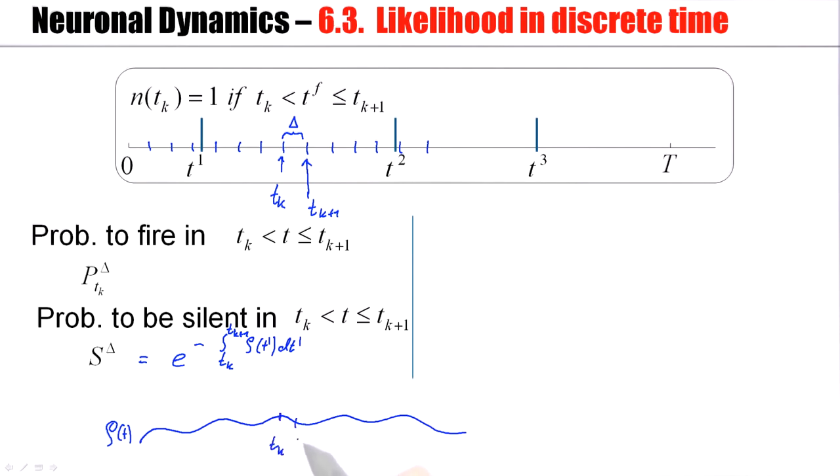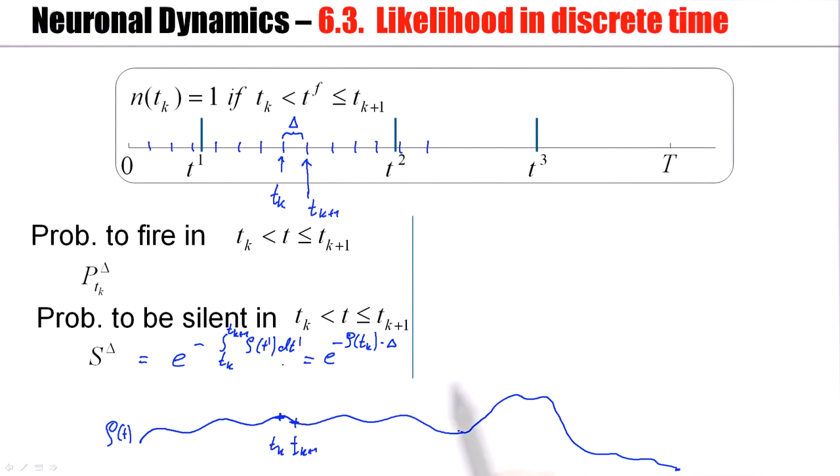This would be at tk, this would be at tk plus 1. And you see that it changes only slowly. The difference between the value here and the value here is marginal. Whereas at some other times, it might have a completely different value. So if I say that rho changes little in a small time step, then I can approximate this by the following expression. I just evaluate at time tk, and then I multiply with the duration of this integral.